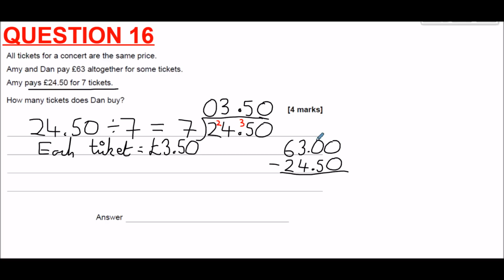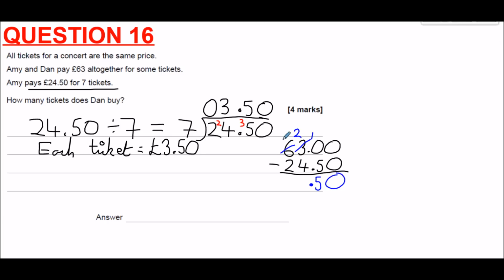So 0 take away 0 is 0. 0 take away 5 we can't do, so we need to borrow 1 from this 3, which then becomes 2. The one we've borrowed can now move over, so that 0 now becomes 10. Again, just make sure the decimals line up at the top and the bottom. 10 take away 5 is 5. 2 take away 4 we can't do, so again we can borrow 1 from the next number, which is a 6.